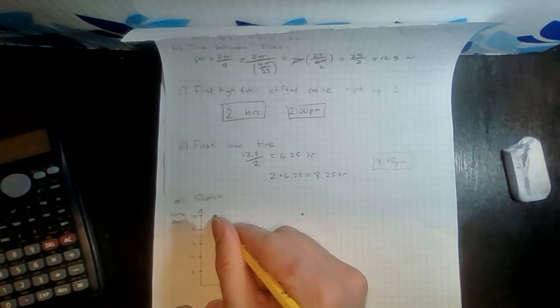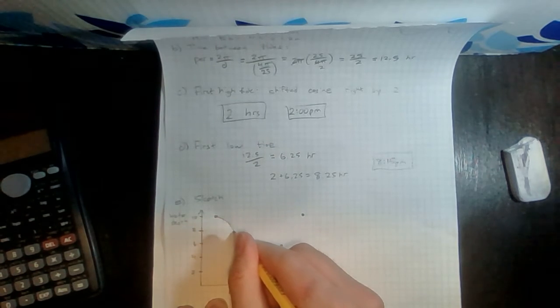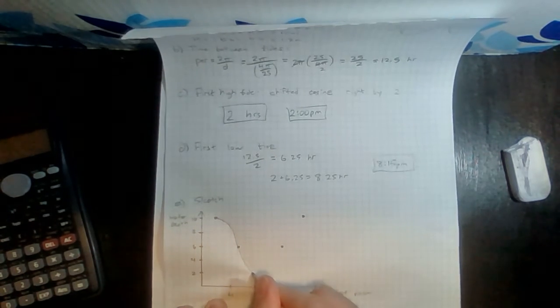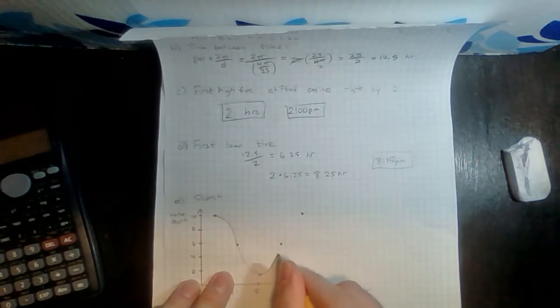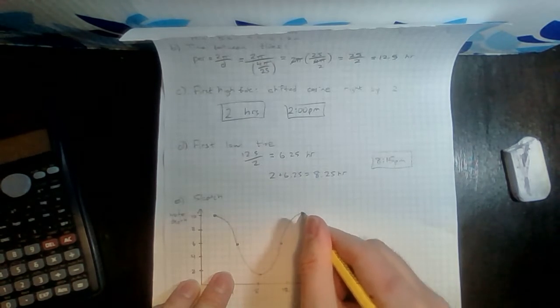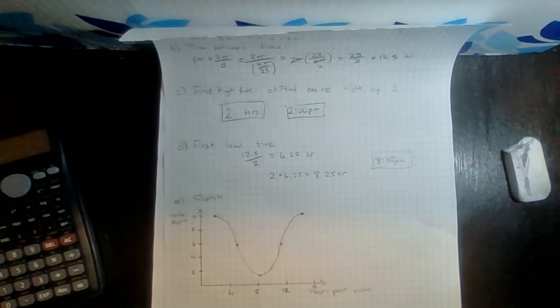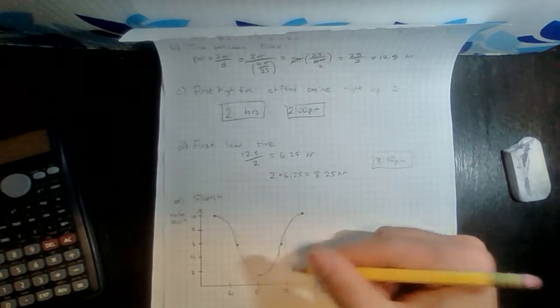So we're going to get a curve like this. And between noon and midnight, we've already gone above and beyond that. We only needed to go up to 12 hours.